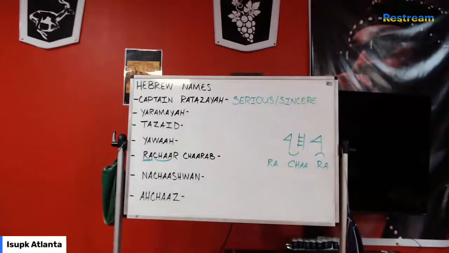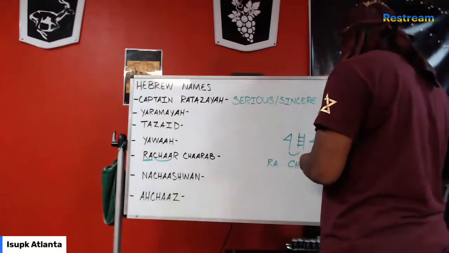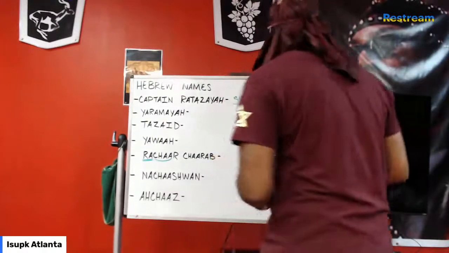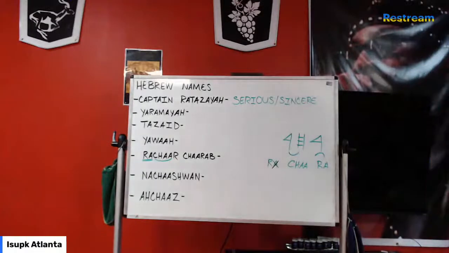Now, a lot of times in Hebrew, we drop the A. Depending on the context, how it's used, we're going to drop that A. So that's why you're not going to pronounce Rakar's name as Rakara. Make sense? Final concept. Excellent, excellent.